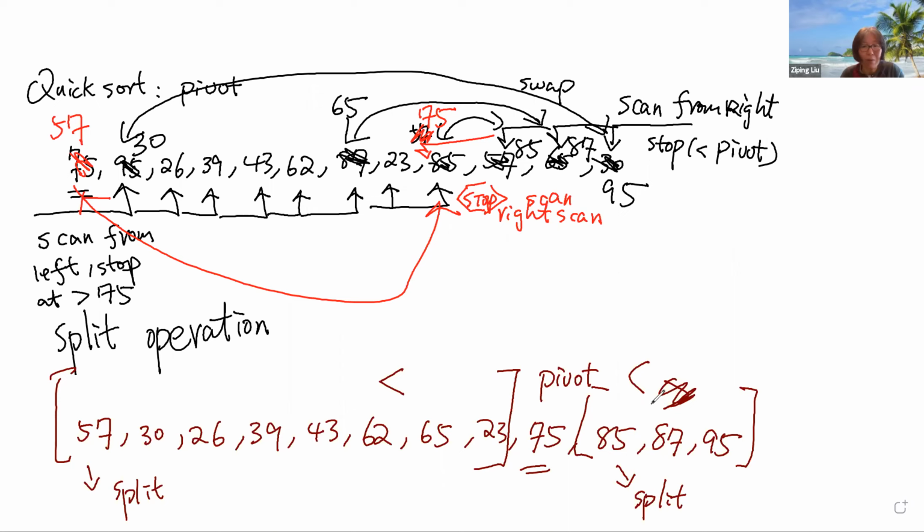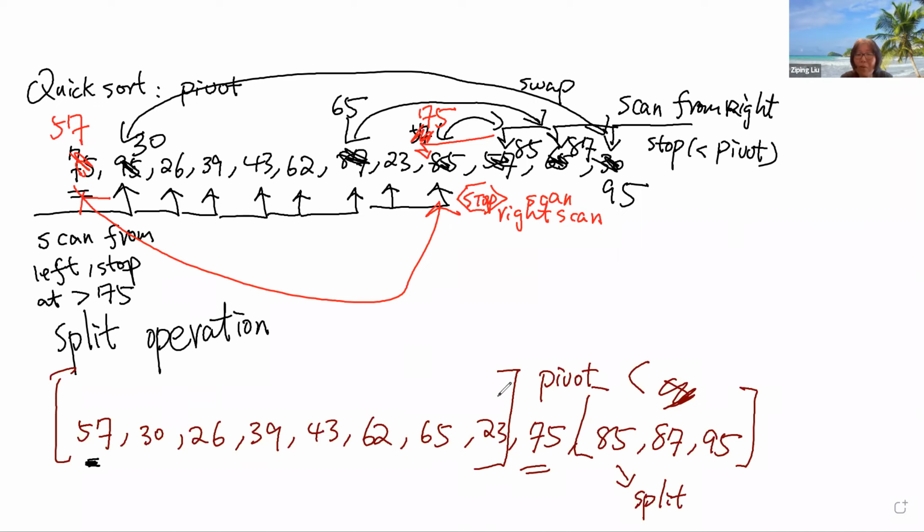Oh, it's going to be hard for me to do that, so let me erase it and try again here. For the left sublist, I pick the first number as a pivot number.